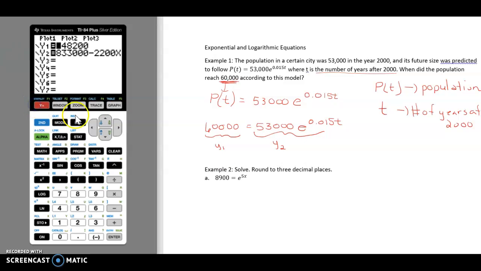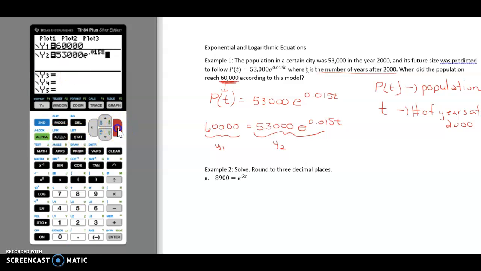It's going to go into the calculator. I'm going to go ahead and figure out what I have here already. I'm going to put 60,000 in the first equation, and then 53,000, and then e raised to 0.15, and instead of t, I'm using x.